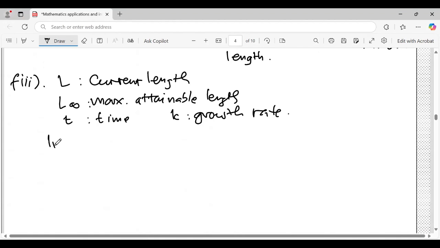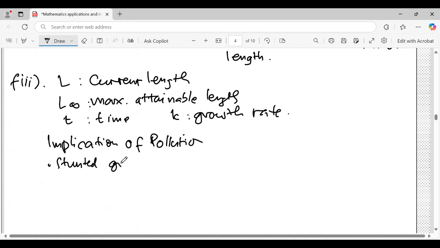Let me write it better here. Implications of pollution. The first is stunted growth, meaning the fish cannot grow big.